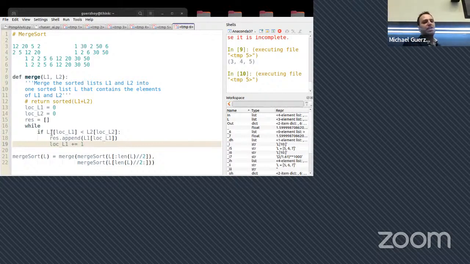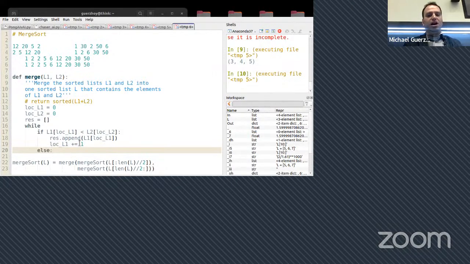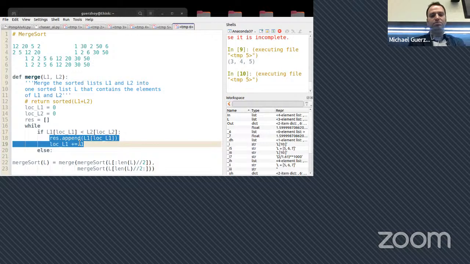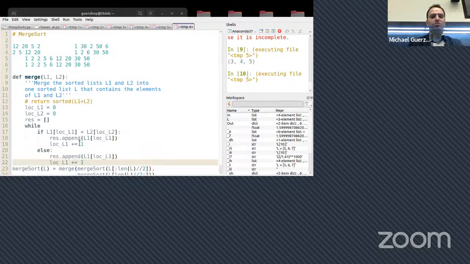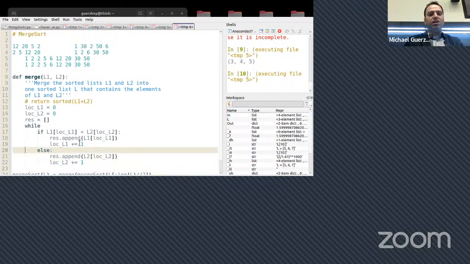So next time, if we get something from L1, look at the next location. Otherwise, do the other thing. And then we just keep advancing.